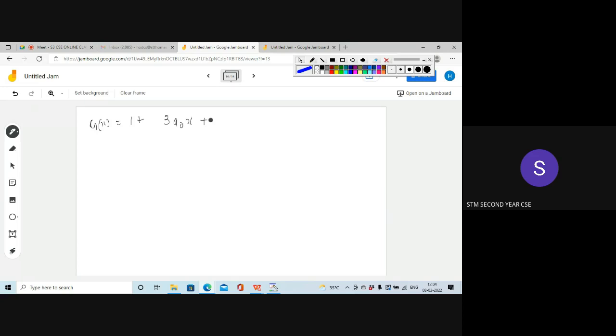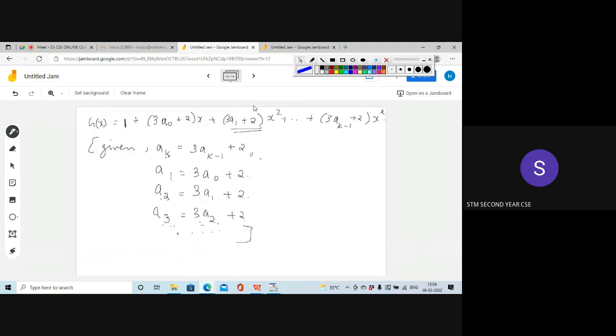Next, multiply the next term, 3a1 plus 2 with x square, you get 3a1x square plus 2x square.